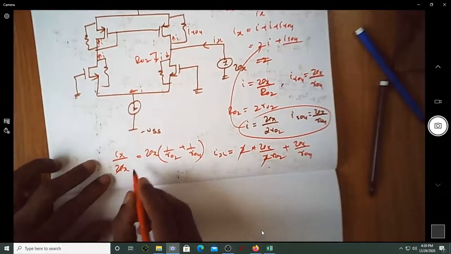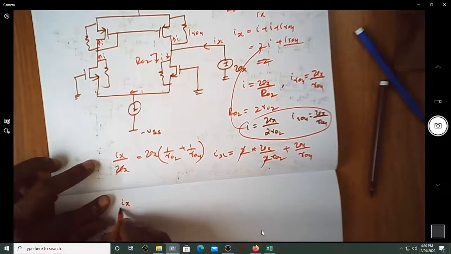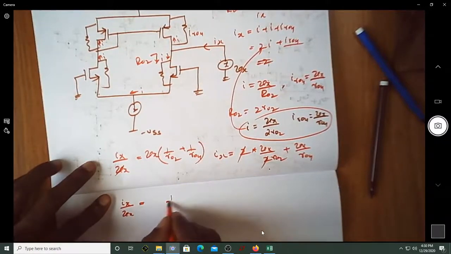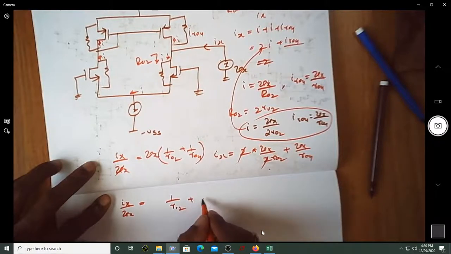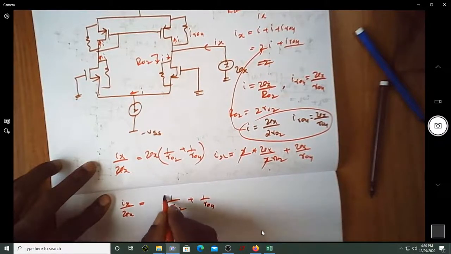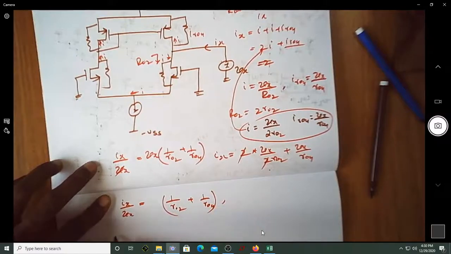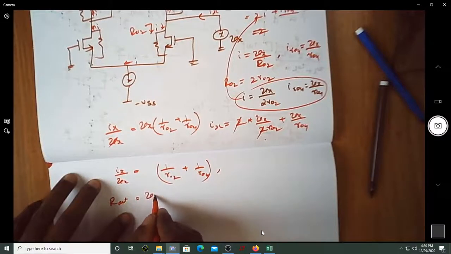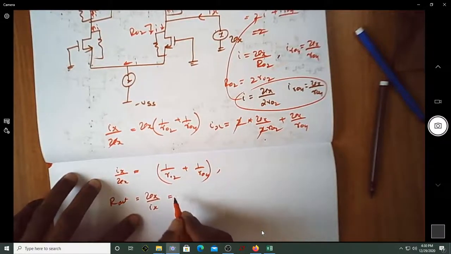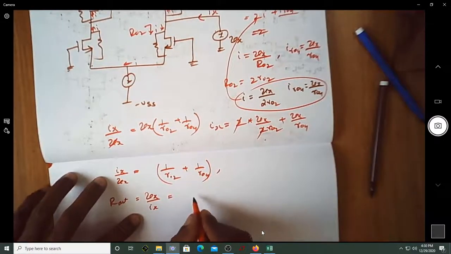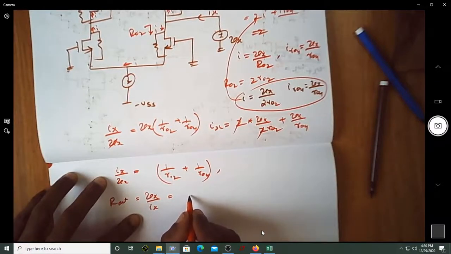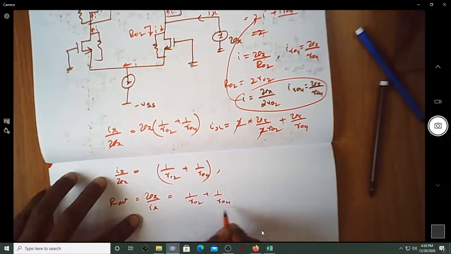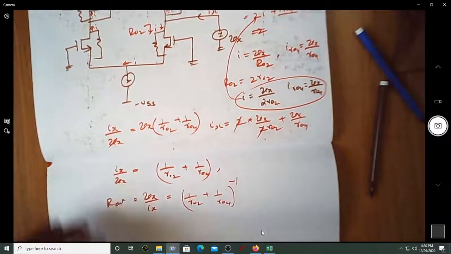Now what we are interested in is Ix by Vx, which is equal to 1 over R02 plus 1 over R04. But what is R out? R out is equal to Vx by Ix, which is nothing but the inverse of this, which is now 1 over R02 plus 1 over R04, inverse.